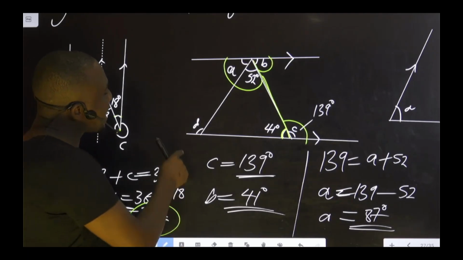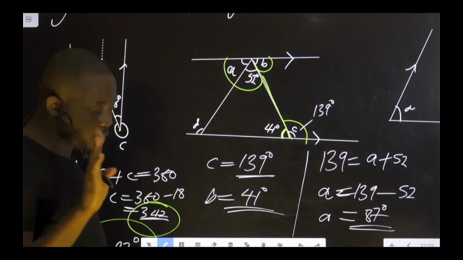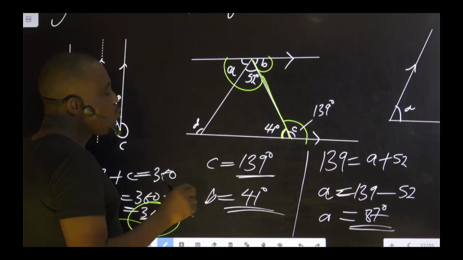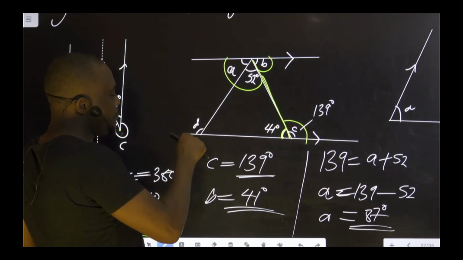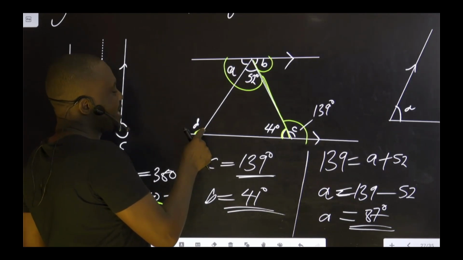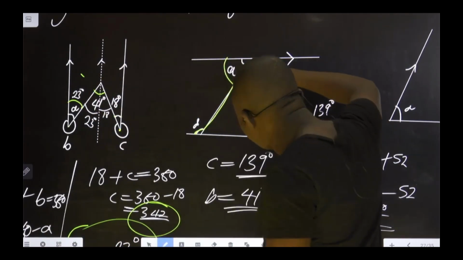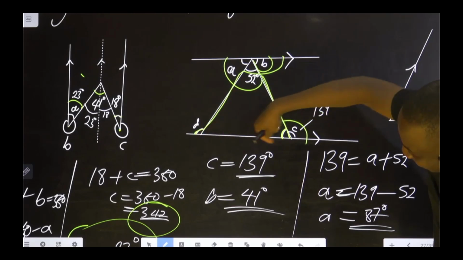So what we don't know now is D. If you are not careful, you will miss D, for some students. Because you agree with me that when we talk about alternate, that is this parallel line, I start from it now, I come to the transversal, I go up, I turn from the transversal until I get to the other parallel line.